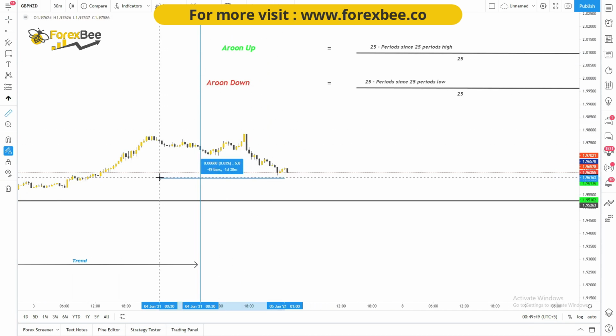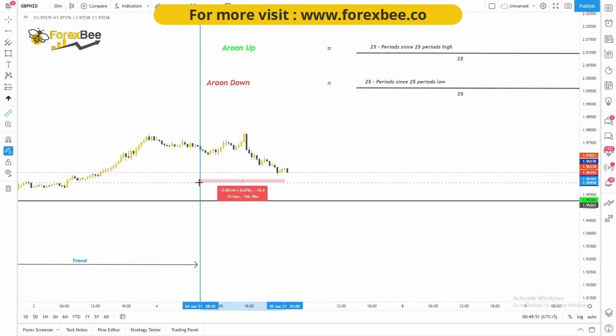So here are my 25 bars, and now as I'm calculating Aroon Up, I have to look for the candle which has the highest high among these 25 candles. That candle is this one.